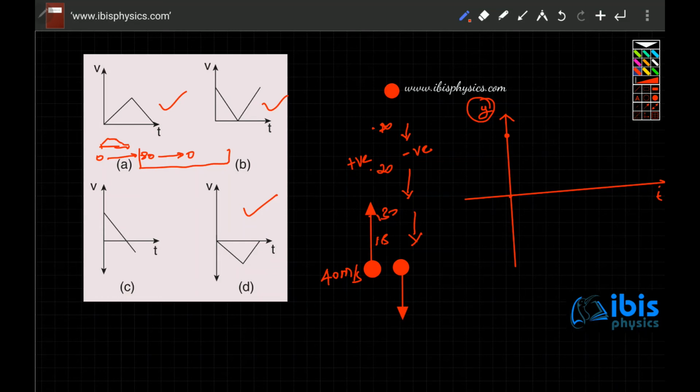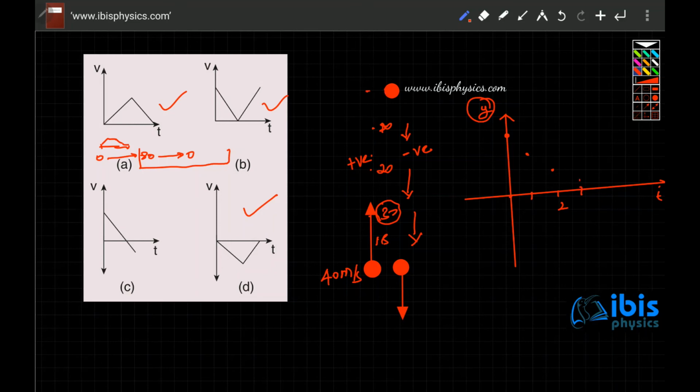After 1 second, the velocity is 30 and still going upward. After 2 seconds, the velocity is 20, but the object is still going upward. Then after 3 seconds, the velocity is 10, but it is still going upward. So it is positive 10.